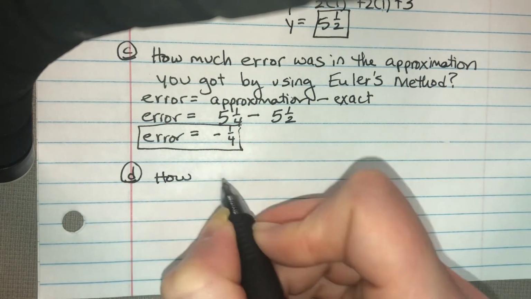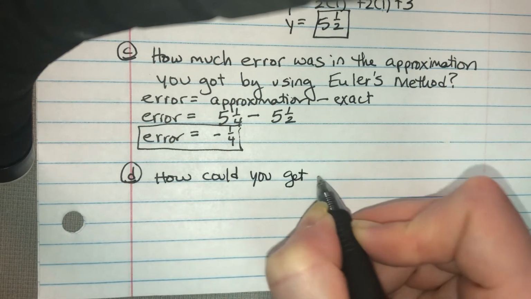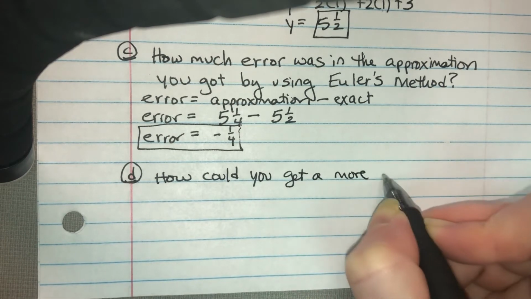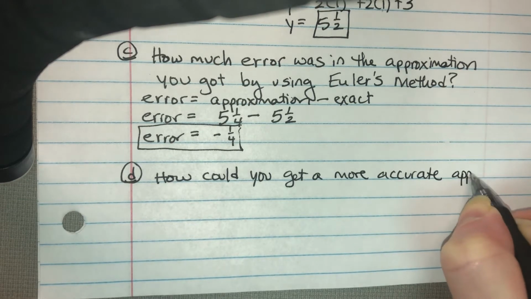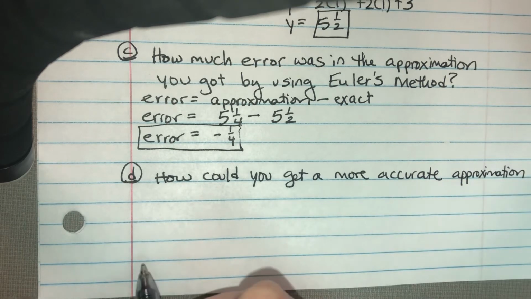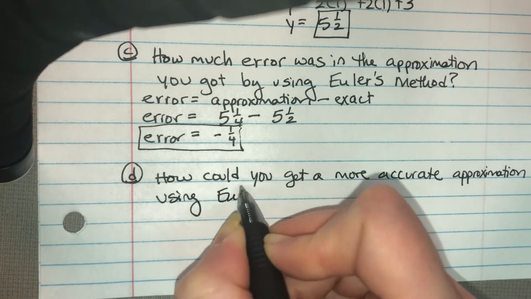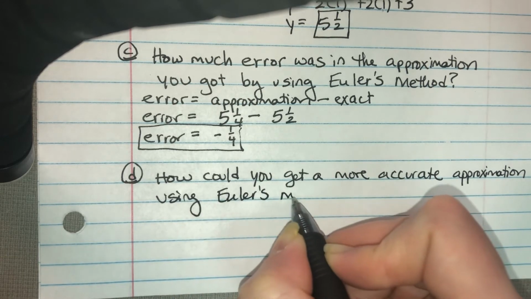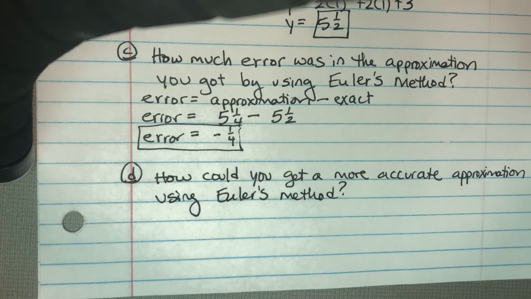Okay, so D, this is the last part. How could you get a more accurate approximation using Euler's method? So think on that for a moment.